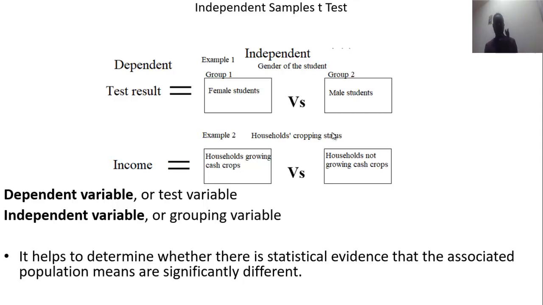But here, if the dependent variable is continuous and the independent variable is categorical, and the categories or groups or levels within the independent variable are 2, then you can run independent sample t-test. I told you before, and I want to stress once again, if the groups in the independent variable are more than 2, then you cannot run independent sample t-test. Rather, you try another test, maybe one-way ANOVA or another.